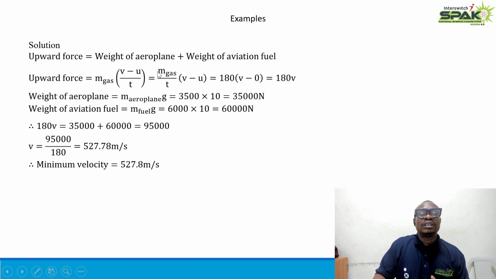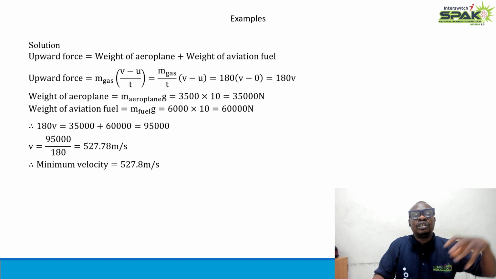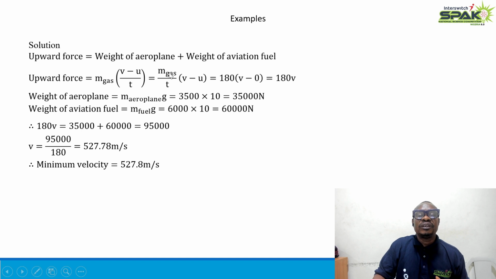So we have the mass of gas, because the mass of gas that is being expelled from the rocket will create a reaction force, which is the thrust that will enable the rocket to move. So this is the mass of the gas over T. The reason why we have this mass of gas over T out here is that in the question we are given the mass flow rate, which is mass per unit time, and the mass per unit time is 180 kilograms per second.